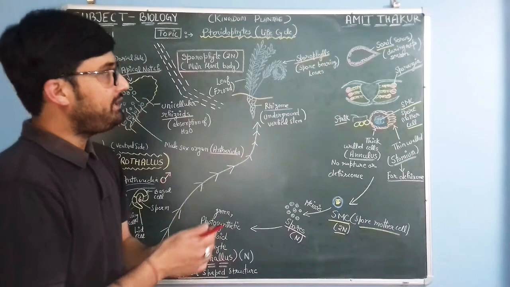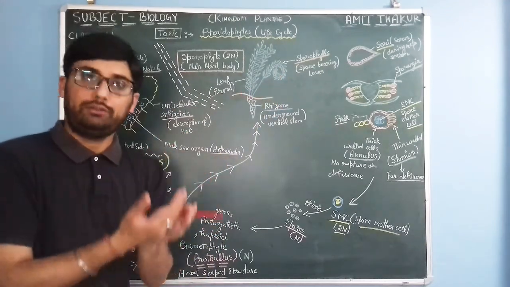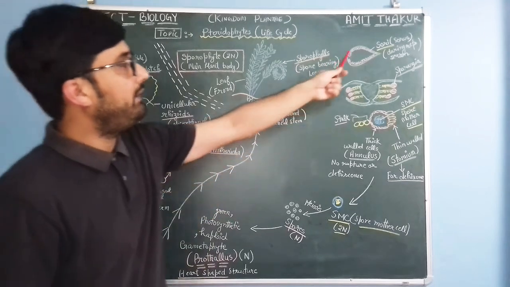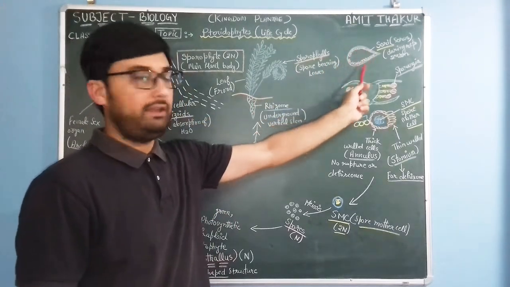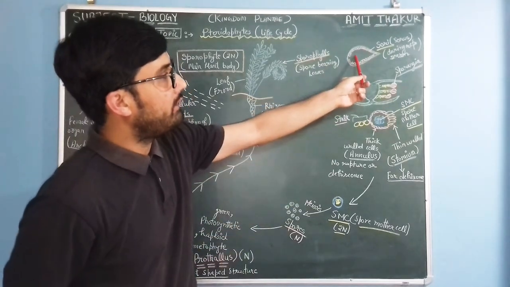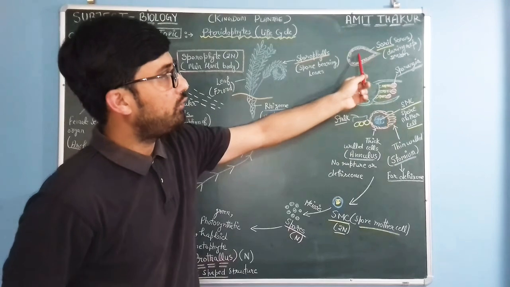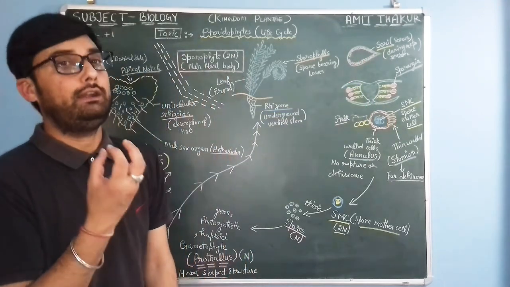That's why they are known as sporophylls or sporophylous leaves. If we cut a section of this leaf where spores are developing, here you can see this is a sporophylous leaf, meaning spore bearing leaf, and the arrangement of these sori, actually these are the structures where spores are developed.